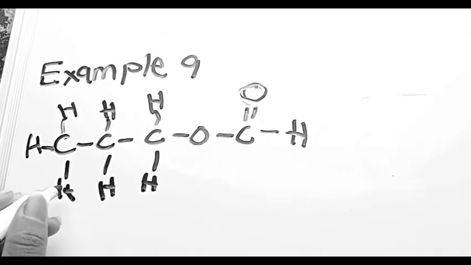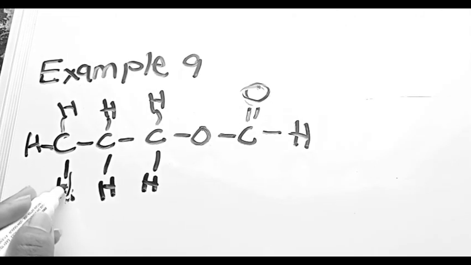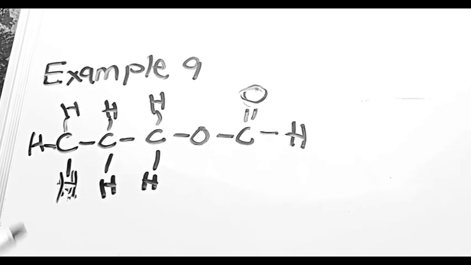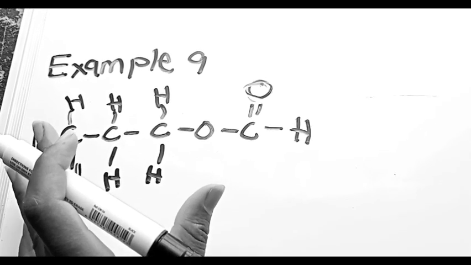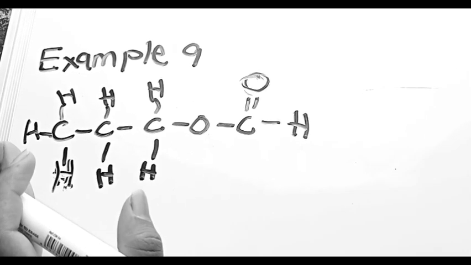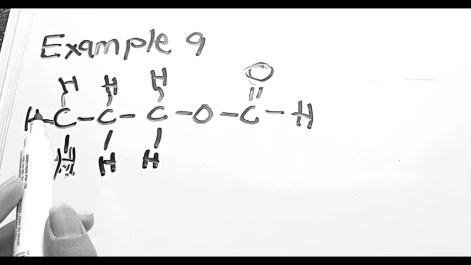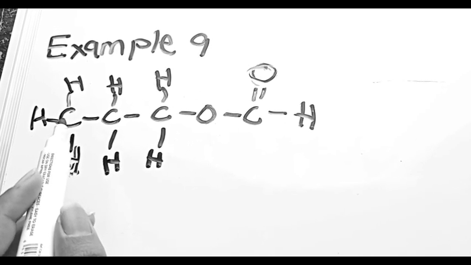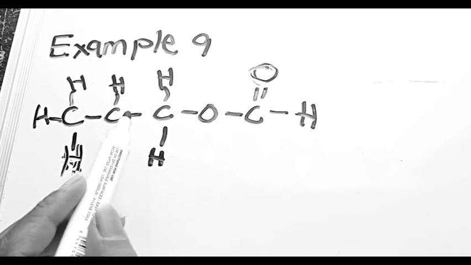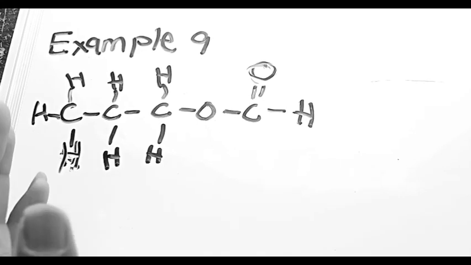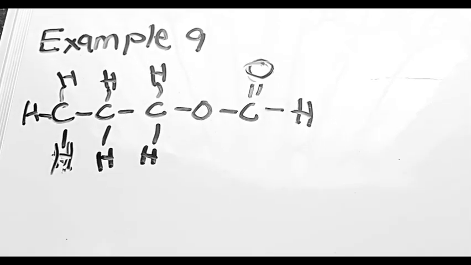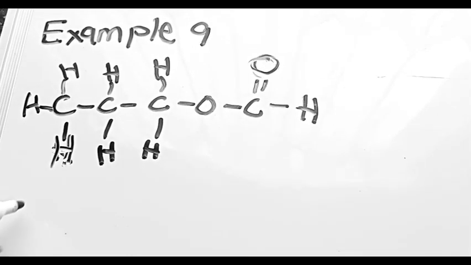We start off by naming the alkyl group. The alcohol will stand for the alkyl group. So how many carbons are there for the alcohol? It's 1, 2, 3, right? So it's propanol, right? But as we name it, it will serve as our branches.